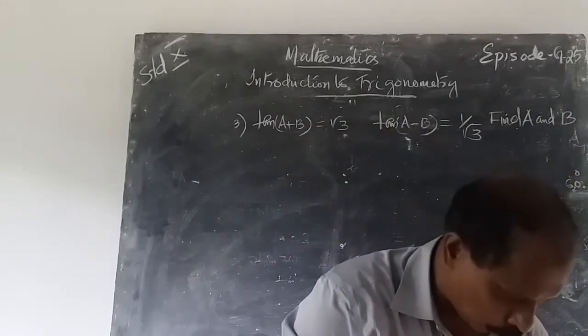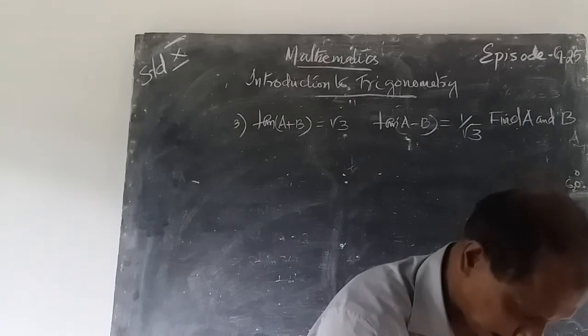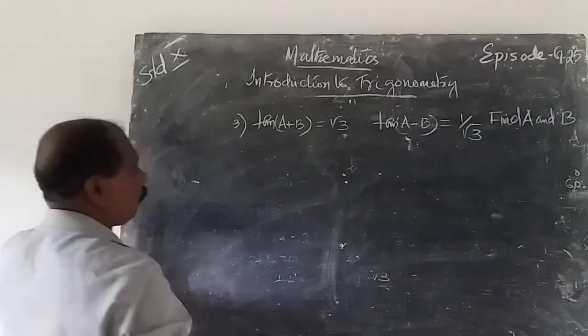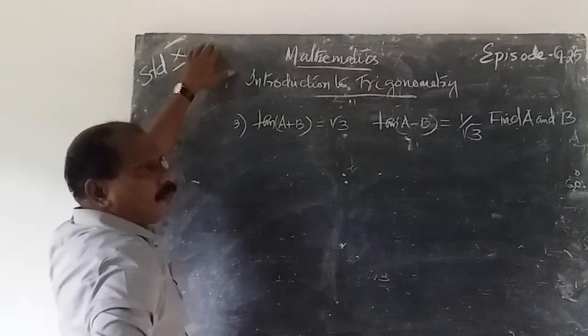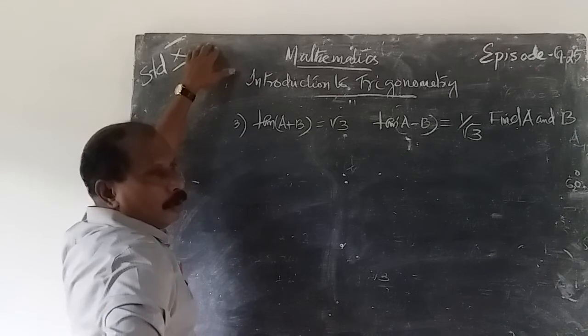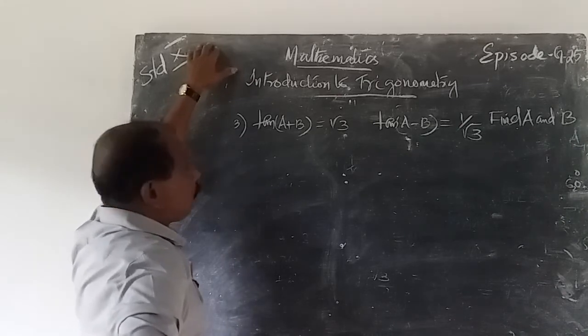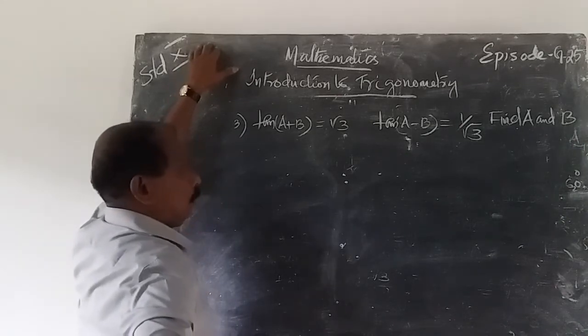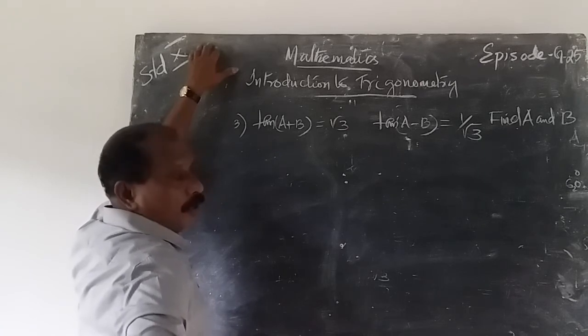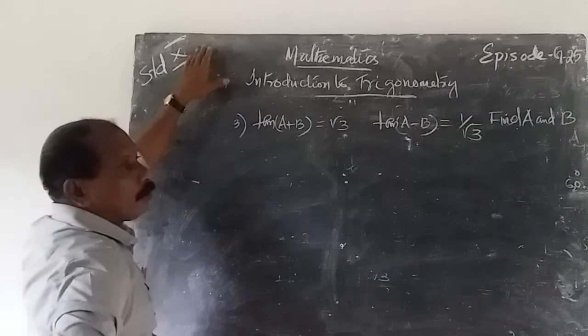That is the third question. What is tan 30? 1 by root 3. Tan 45 is 1. Tan 60 is root 3.